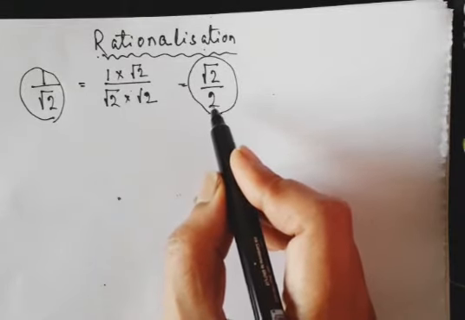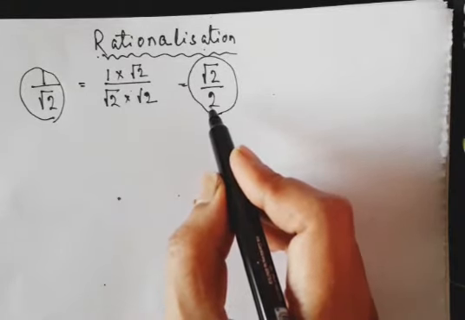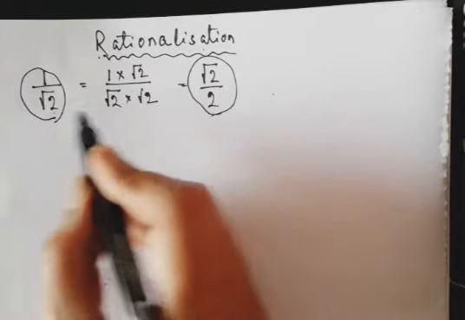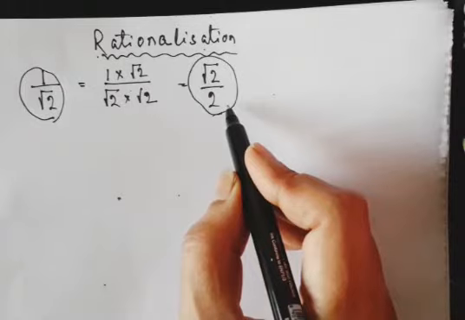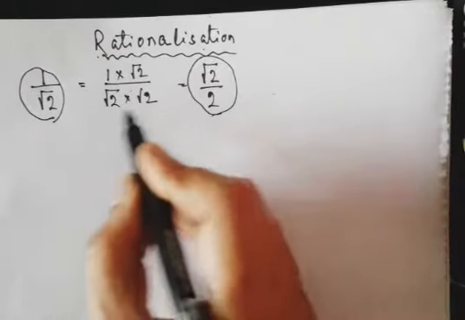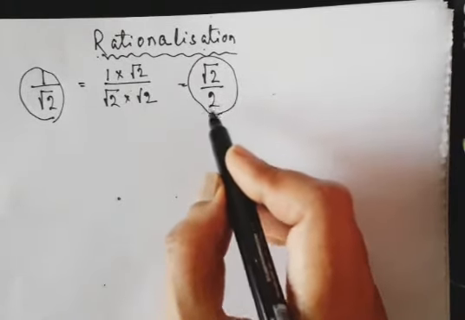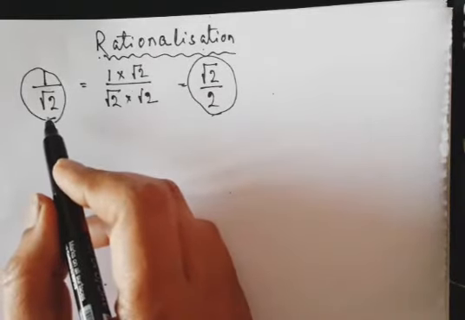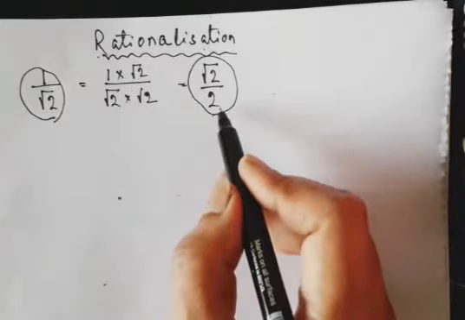So what is the process of rationalization? That is the process by which we can convert an irrational denominator into a rational denominator. And generally the calculation with the rational denominator is easy. That is why we need to convert the irrational denominator to a rational denominator.